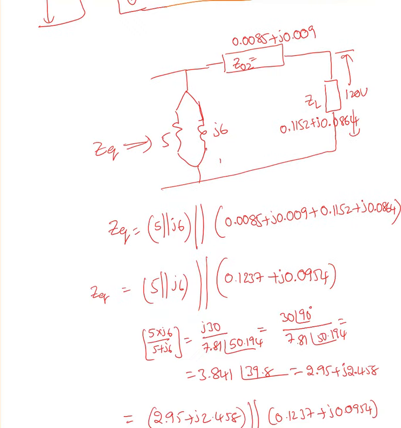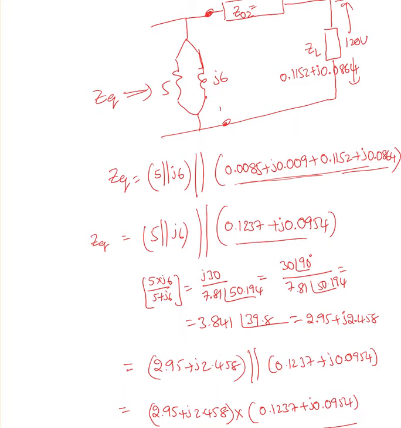So to find the Z equivalent, we can see 5 and j6, these two are in parallel. This parallel combination is parallel with this whole thing, Z02 plus ZL. Now since these two are in series, I added them. It is 0.1237 plus j0.0954.